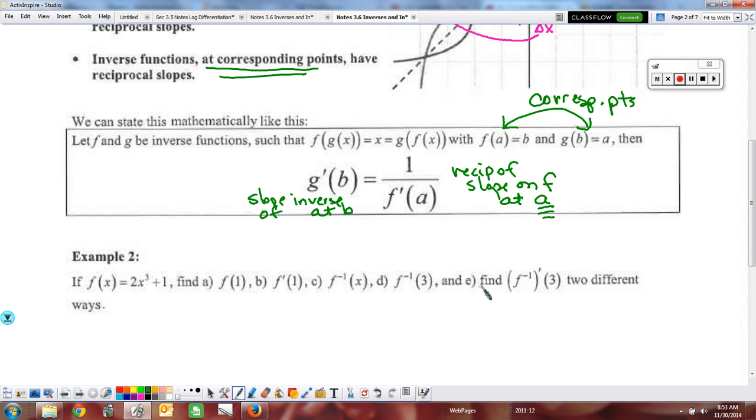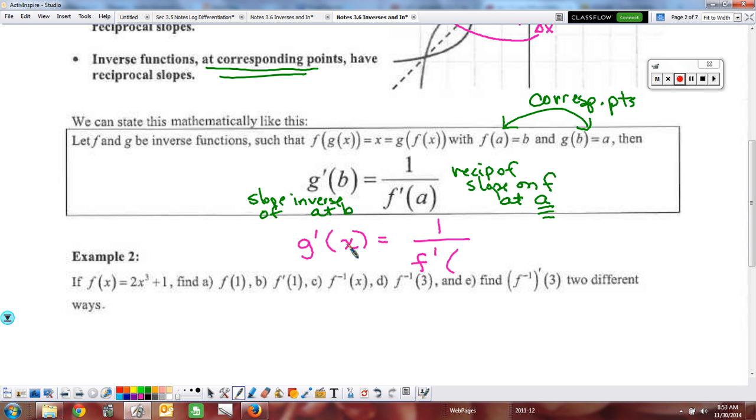Now, you'll see this formula written several different ways, mostly because of notation. I've set it up so that I can use a and b here. But a lot of times the formula is alternatively written as g inverse of x, because b is the x on the inverse, equals the reciprocal of f prime of, and what's the corresponding point to x?